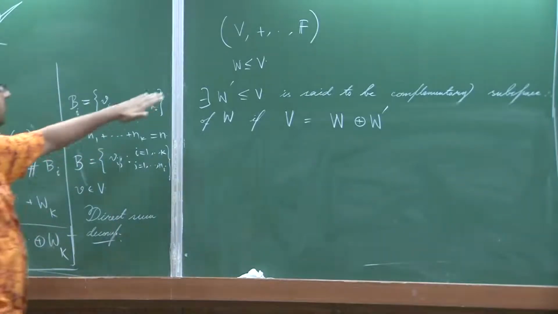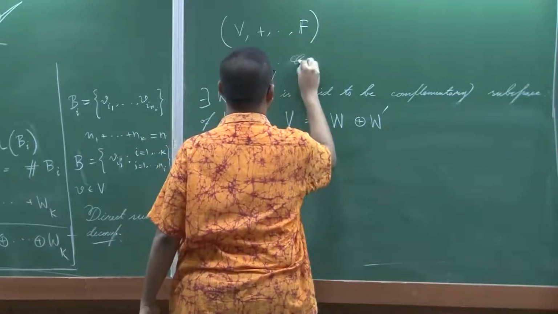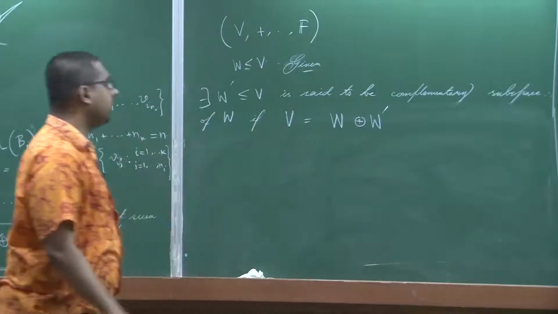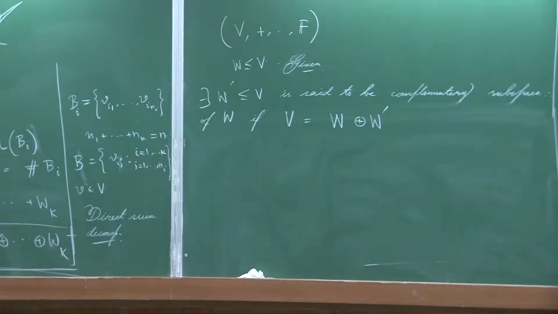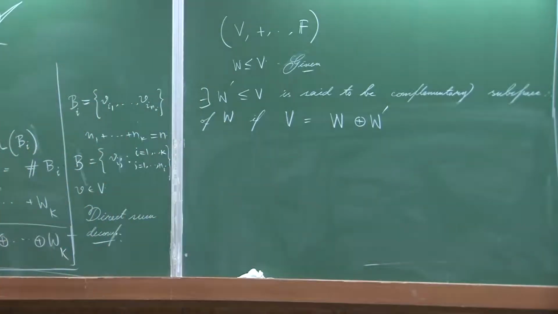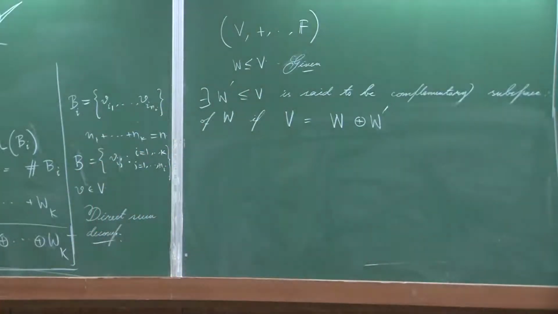I repeat, given a subspace W, another subspace W prime is said to be a complementary subspace of W if this happens. I think I should have said something more; again, I will come back to this.